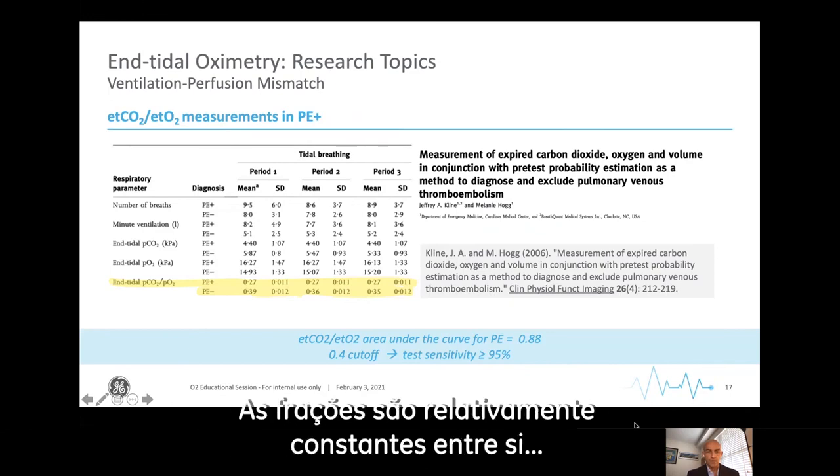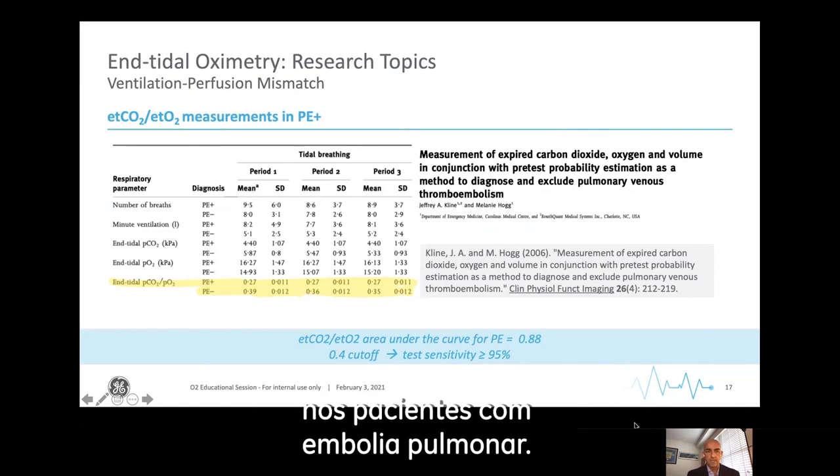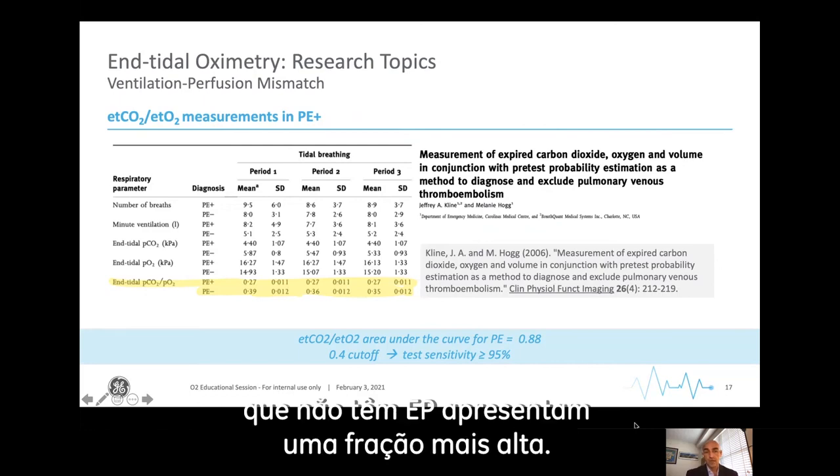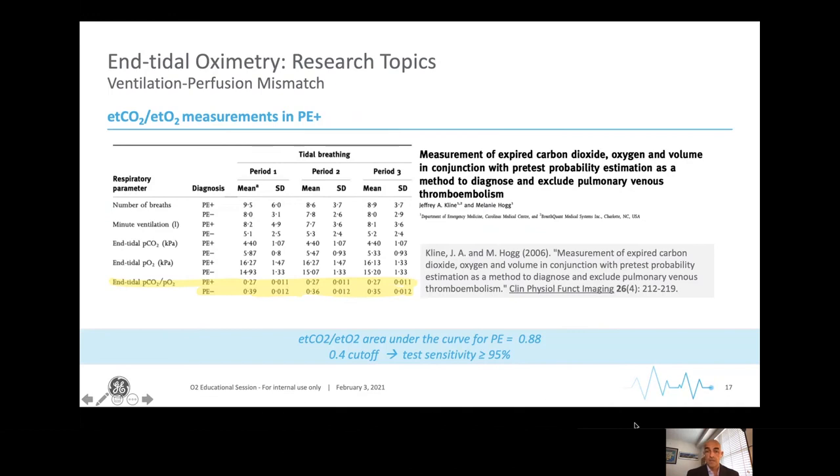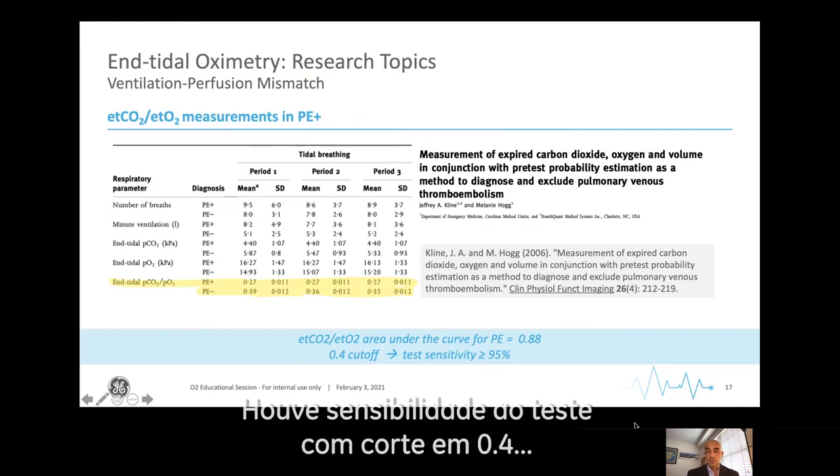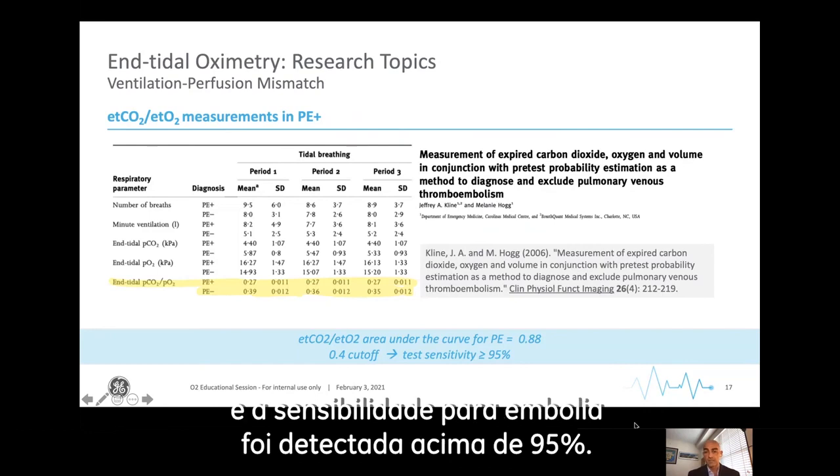The ratios are relatively consistent across the periods, but there is a break. In patients with a pulmonary embolism, the ratio of PCO2 to PO2 is lower, while patients without a PE have a higher ratio. Test sensitivity was assessed for a cutoff of 0.4, and the sensitivity for pulmonary embolism was greater than 95%.